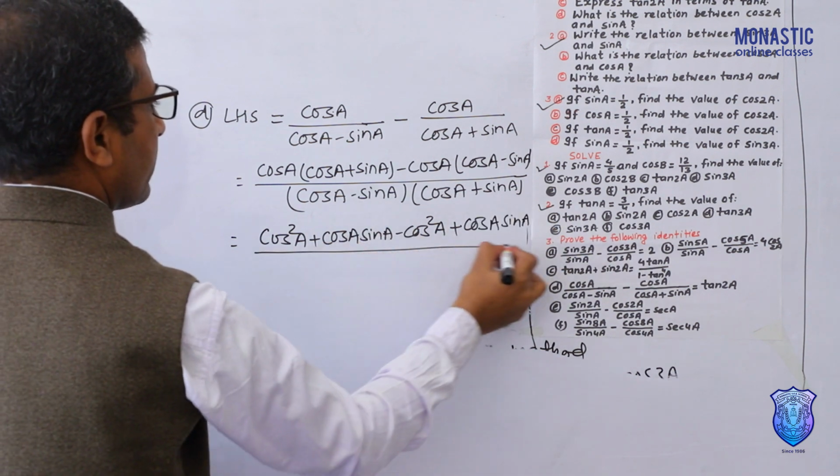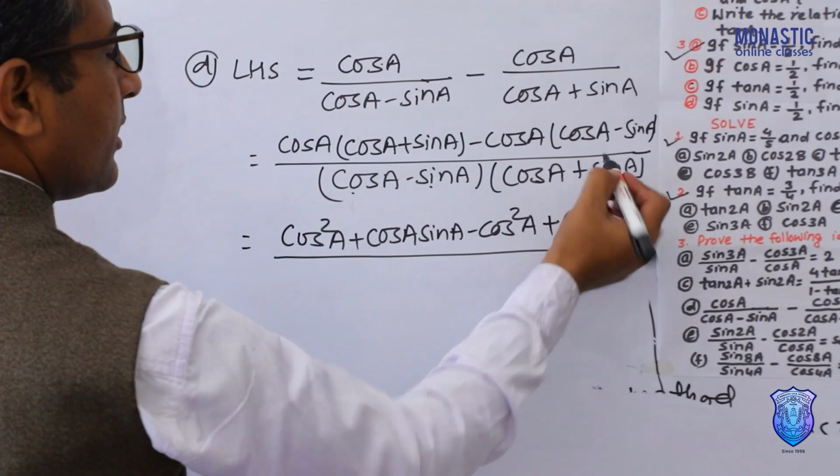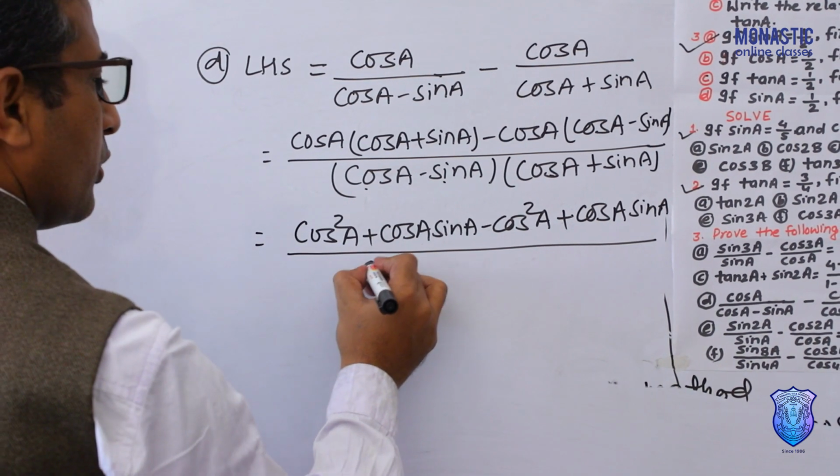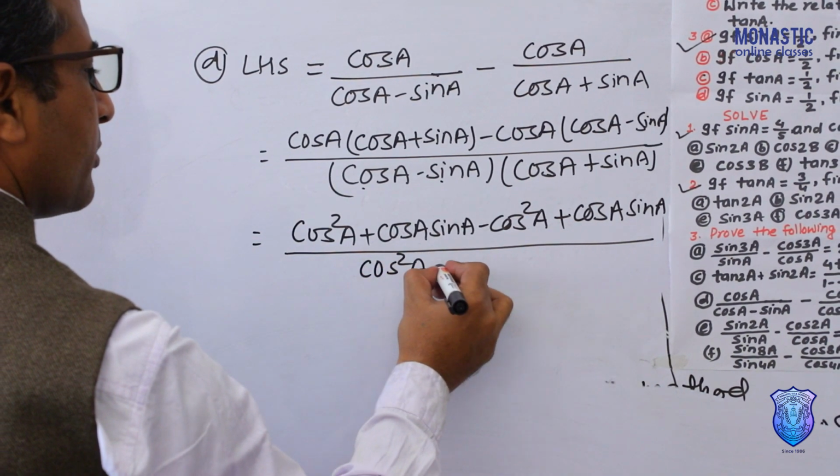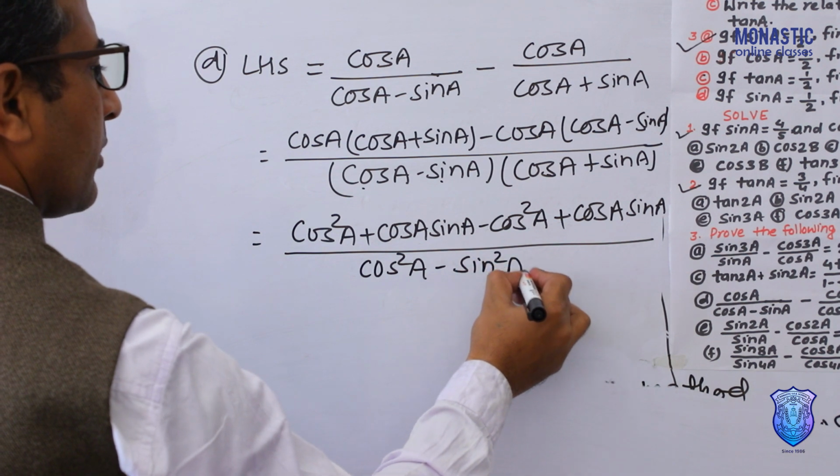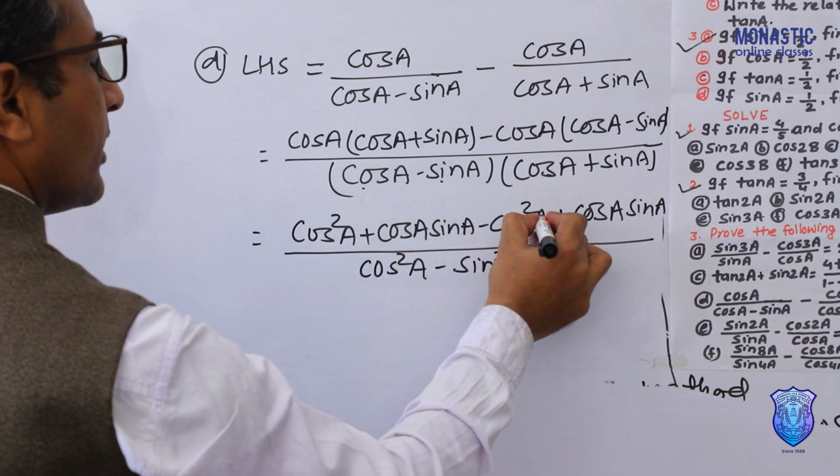In the denominator you can see that it is a minus b and a plus b. Use the formula a square minus b square. Here is plus cos square A, here is minus.